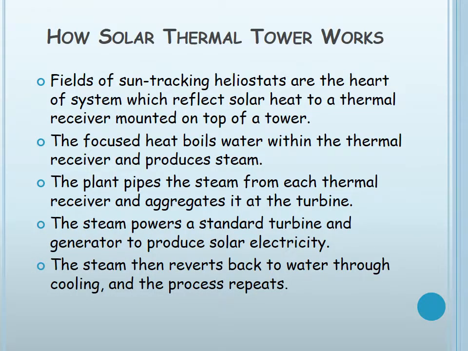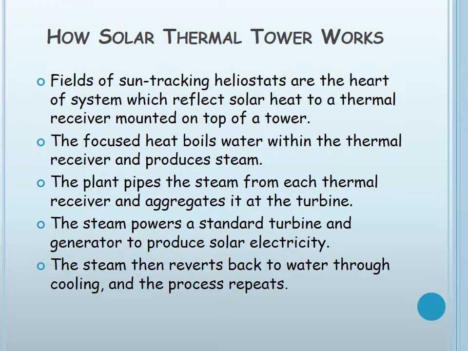Then we're going to talk about the working of the solar thermal tower, with a few points related to that. First, the heliostats are the heart of the system, the main parts which reflect the heat to the receiver on top of the tower. Heliostats are one huge invention for concentrated solar power technology.